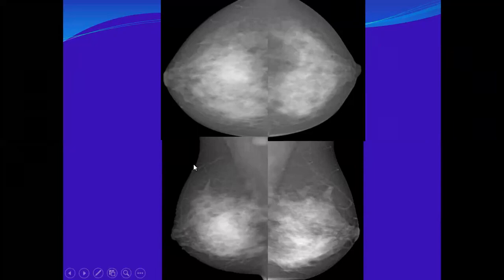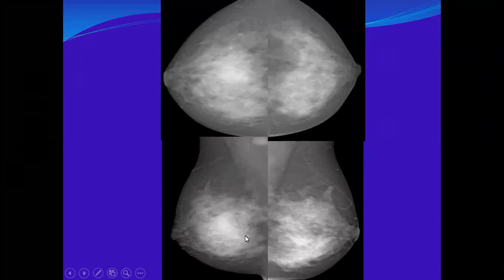Now in MLO, we have superior, inferior, and central. Yes, it is central to inferior part, from the center, inferior.